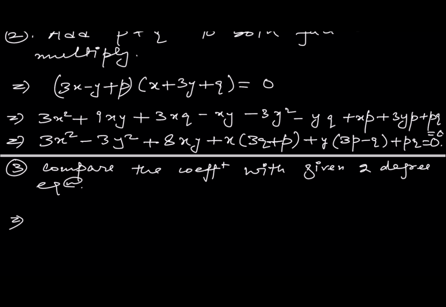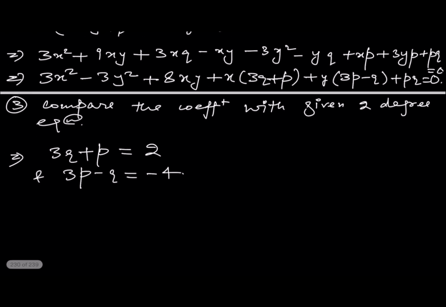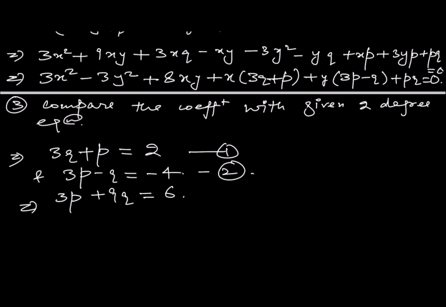So after having comparison, we will get 3q plus p is equal to 2 and 3p minus q is equal to minus 4. So after multiplying equation 1 with 3, we will get 9q plus 3p is equal to 6.